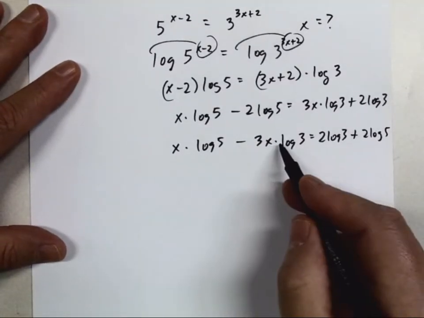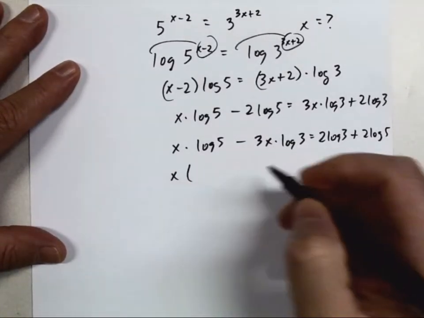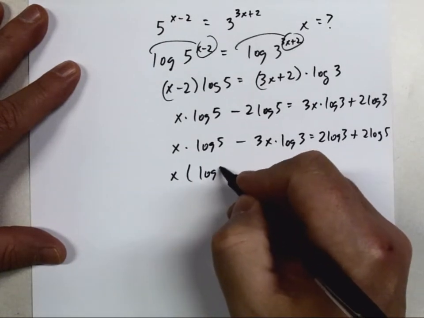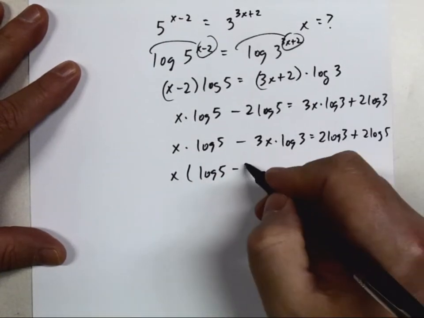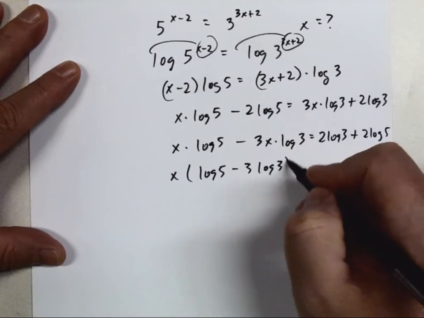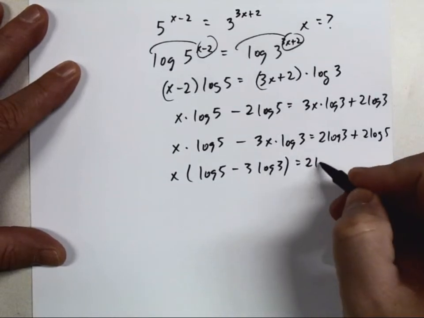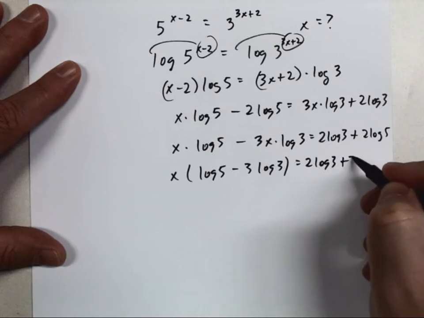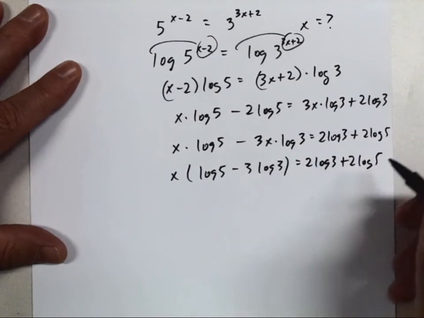I'm going to now factor out this x over here. So I get x times log 5 minus 3 log 3 equals 2 log 3 plus 2 log 5.